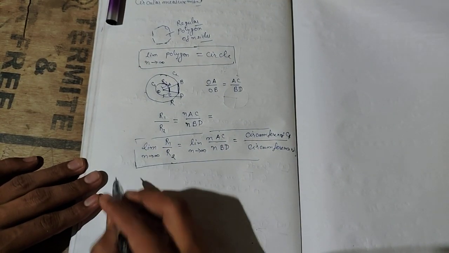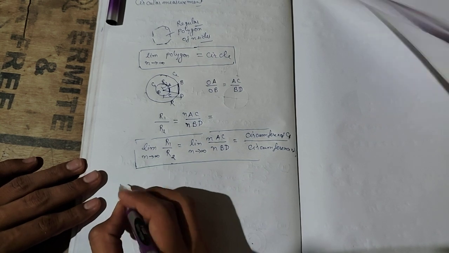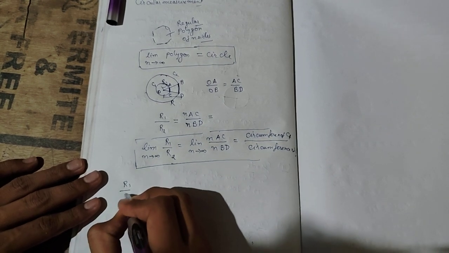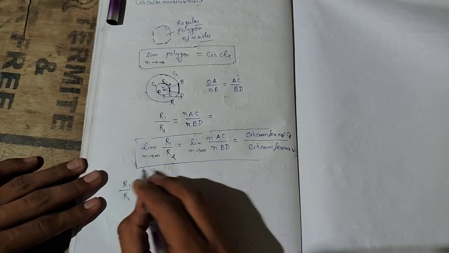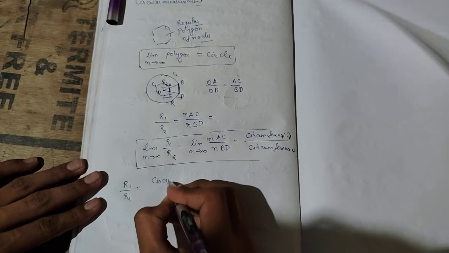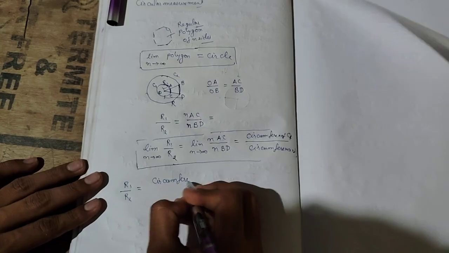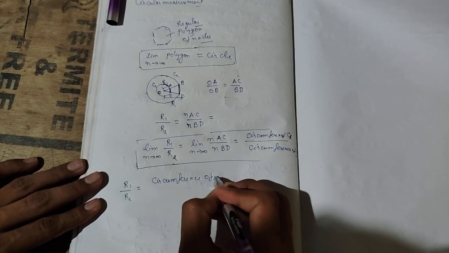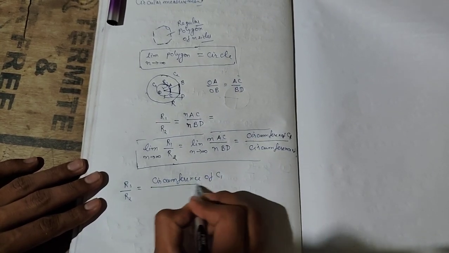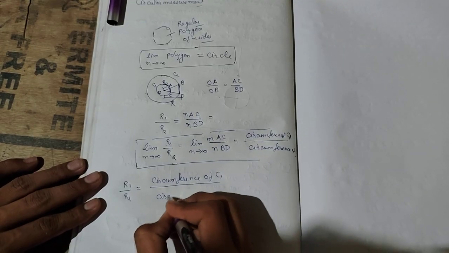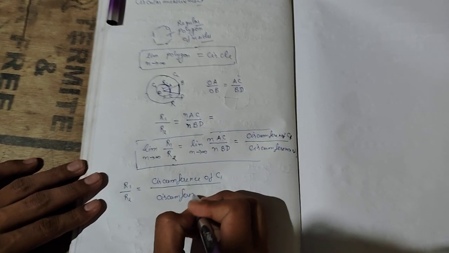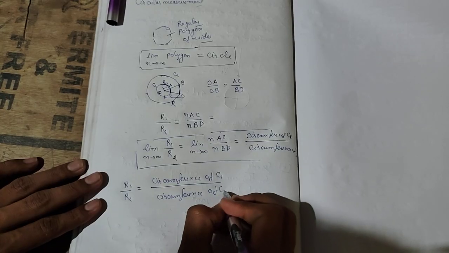So now we are getting that R1 by R2 is equal to the circumference of C1 by the circumference of C2.